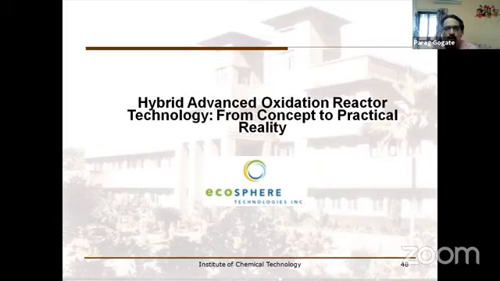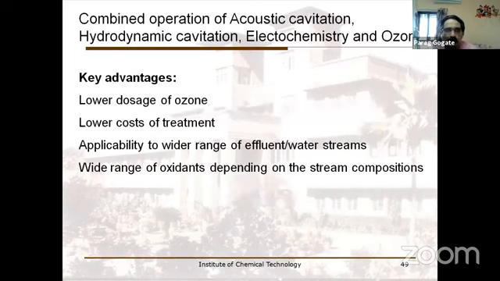Hybrid is you are trying to combine it and then achieve different oxidants in the system and try to utilize all the added oxidants to as high as possible. Then your cost of treatment is going to go down. So the system was in terms of combined operation of acoustic cavitation, which is ultrasound based, hydrodynamic cavitation, some amount of electrochemistry, and ozone.